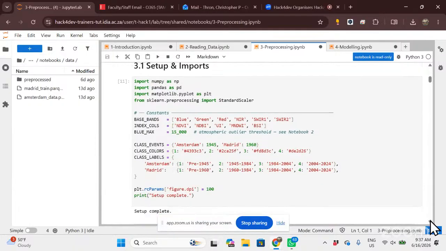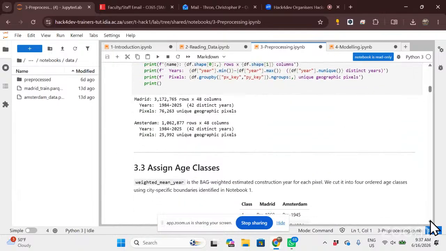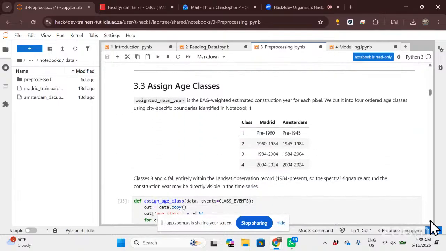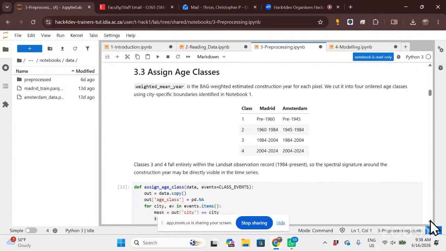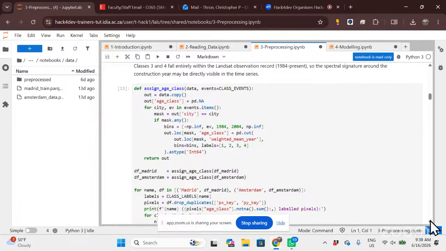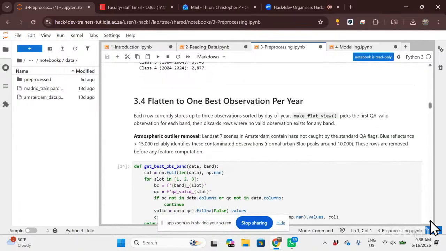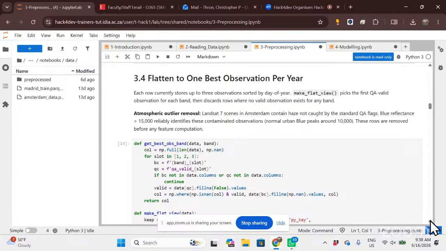Okay. So we have imports. We load the data. We assign the classes so that we can associate with each point the class that it's in. We simplify to one observation per year.